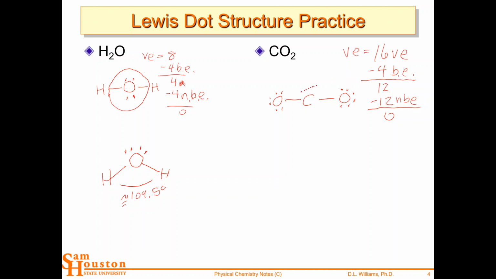So looking at this carbon, it's only got 4 electrons and it wants 8. And so it's going to drag 2 electrons towards itself. I should have drawn that to the bond. Let's do that here. And so we're going to form double bonds on either side of the carbon.